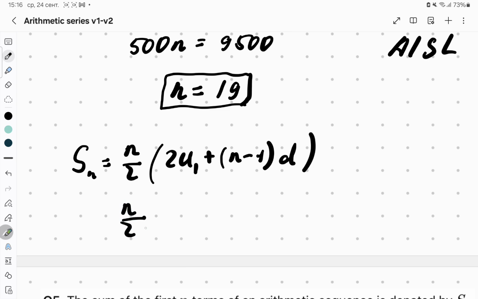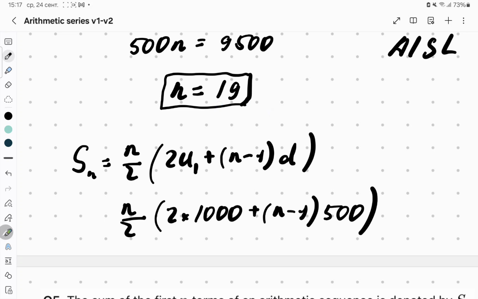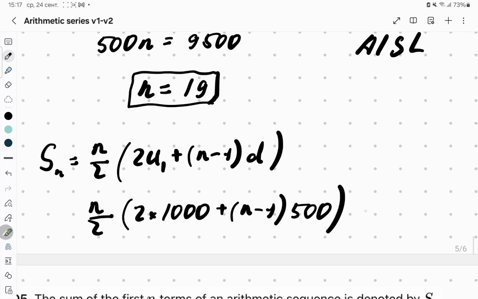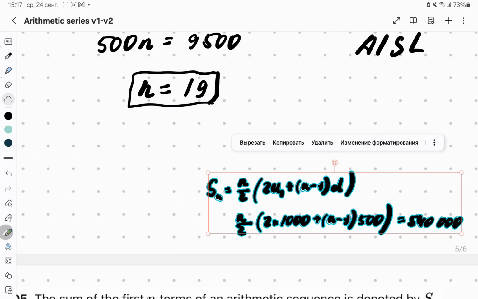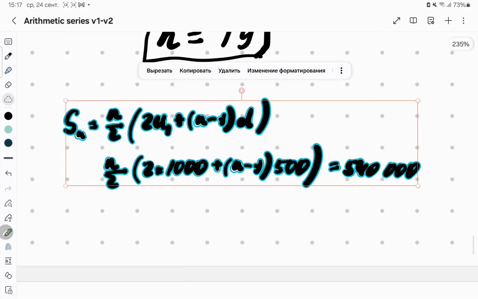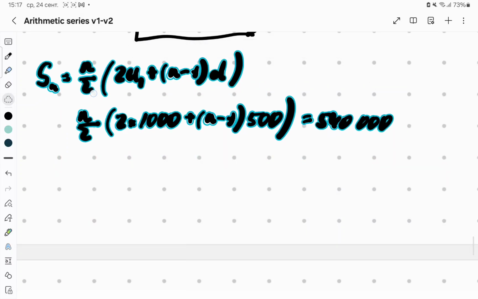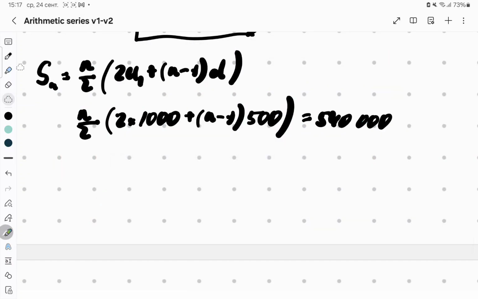So n over 2 times (2 times 1,000 plus (n minus 1) times d, where d is 500) is equal to 540,000 steps. Now we should solve this equation somehow.